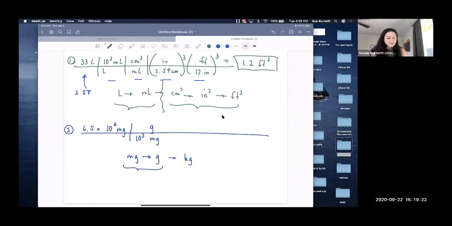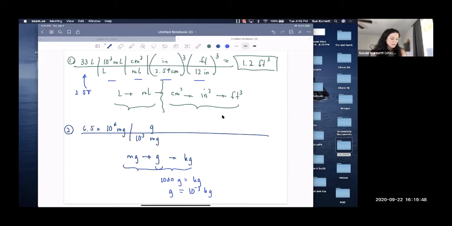And then let me find a relationship between grams and kilograms that is true. This time I want kilograms on top because I want to end with kilograms. The question says how many kilograms. And I know that there are 1,000 grams in a kilogram, or 1,000th of a kilogram is a gram.